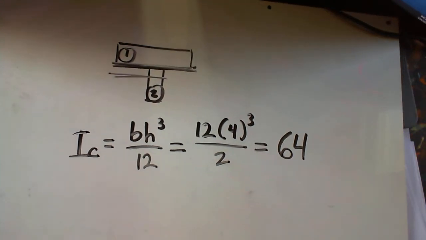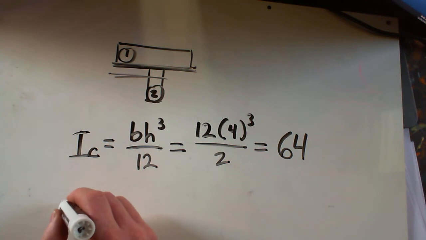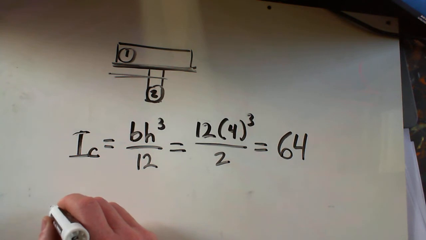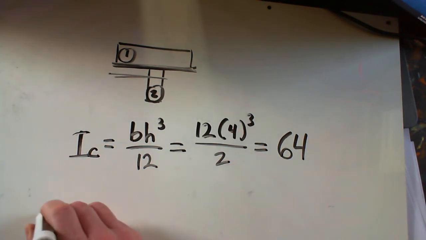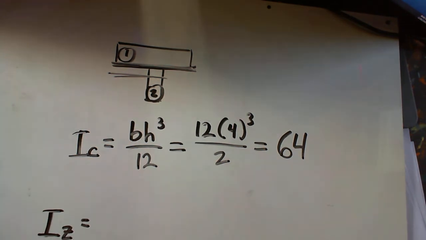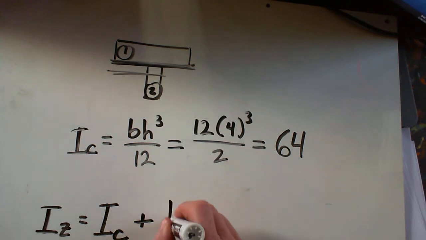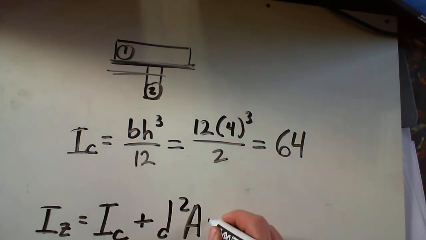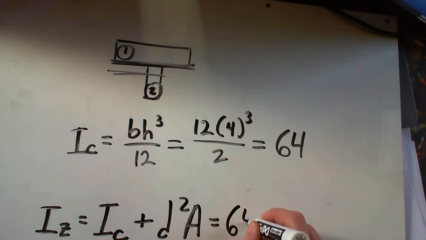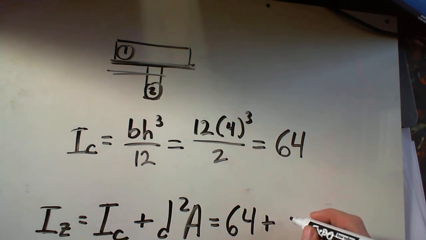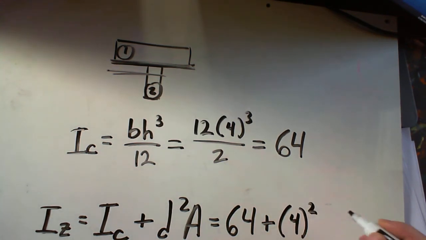The I sub Z, which is the moment of inertia with respect to the centroid and the axis that we're given. So remember the I sub Z formula here. That's going to be I sub C plus D squared A. So in this case, that will be 64 plus, now referring back to the information that you should have written down, 4 squared times A, which is 48.